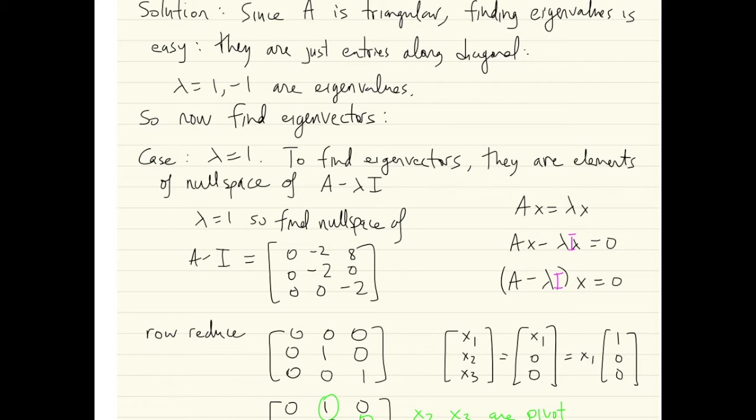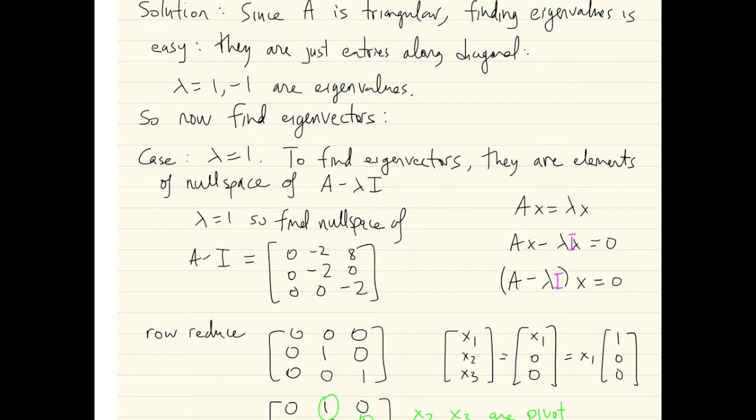All I did was take the original matrix A, and remember I is just 1s along the diagonal, so I subtracted 1s along the diagonal. Originally there was a 1, and 1 minus 1 is 0. Originally there was a negative 1, and negative 1 minus 1 is negative 2, and so on. I didn't do anything to these other entries. So we've got to find the null space of this matrix.